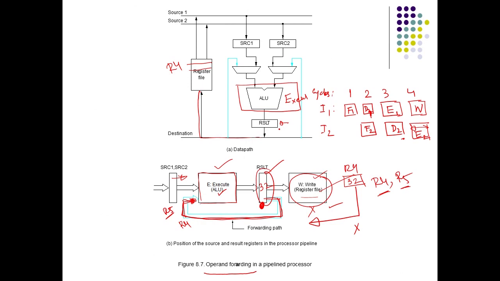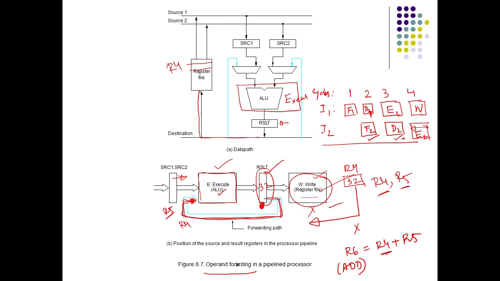Now what will happen for instruction R2? Instruction R2 was R6 equal to R4 plus R5. That is the second instruction, the add instruction. It is fetched here, then decoded. It is decoded and it realizes it has two operands, since it is an add operation.